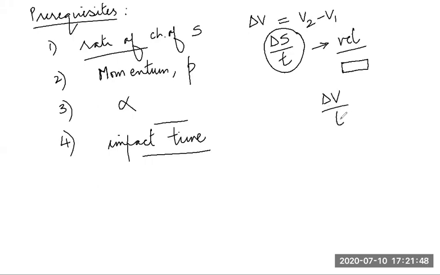If I divide by delta t, the time interval in which this velocity changes from v1 to v2, making it v2 minus v1, delta v by delta t is rate of change of velocity. Well, that is equal to acceleration, we all know. I'm not going to define acceleration and velocity here. I'm just telling you what is the meaning of rate of. Rate of is something divided by time interval or time.